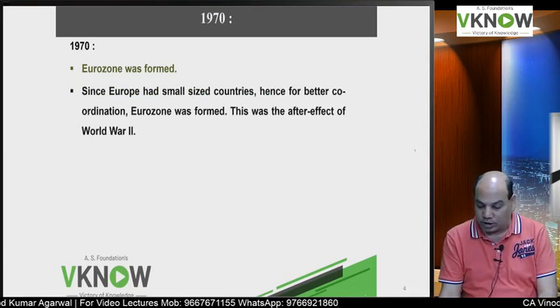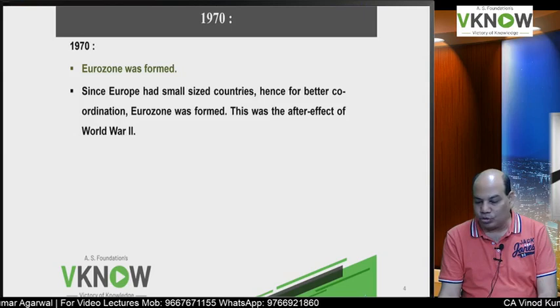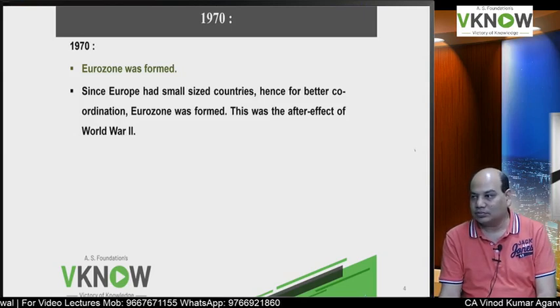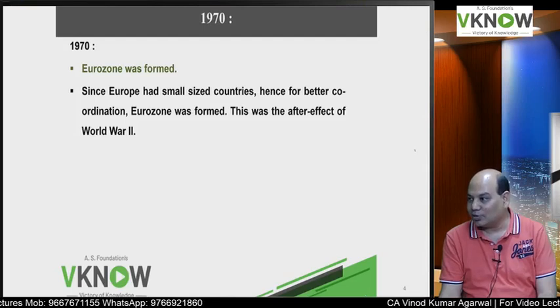So we'll go as far as 1970. In 1970, Eurozone was formed. That means a group of European countries came together. As you know, Europe has many small sized countries. Some countries may have a population of 20 lakh, 5 lakh, 50 lakh, 1 crore.